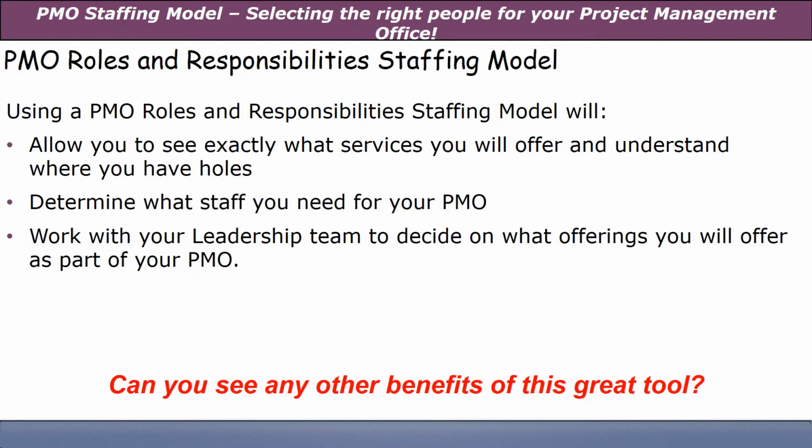Using this model, you'll see exactly what services you will offer and where you have holes or you don't have holes, right? Determine what staff you'll need, and then work with your leadership team and say, hey, what offerings would you want me to have, and would you be okay to hire those people for those offerings that you've asked for?